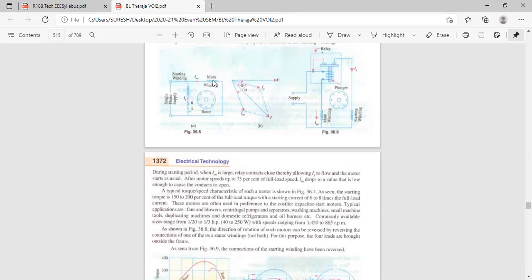See, in your house, we have a ceiling fan. If you open that, what will you find? One iron piece. On the iron piece, what is wound?